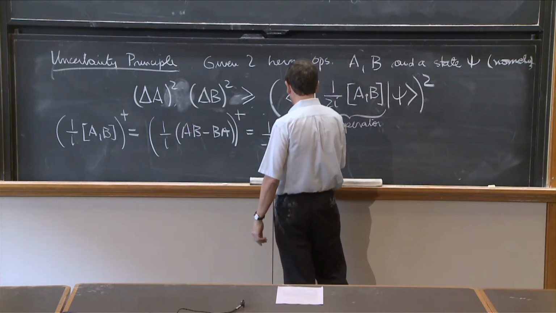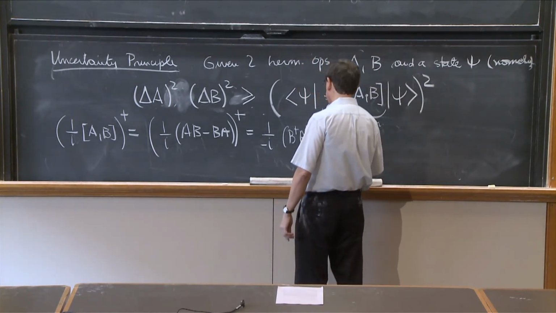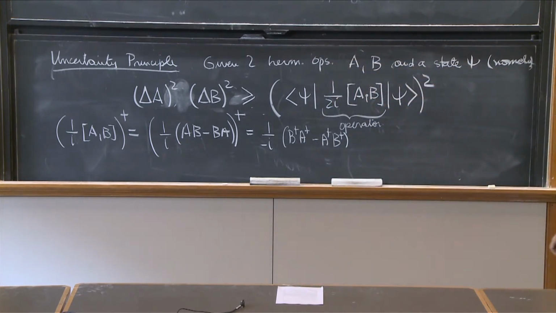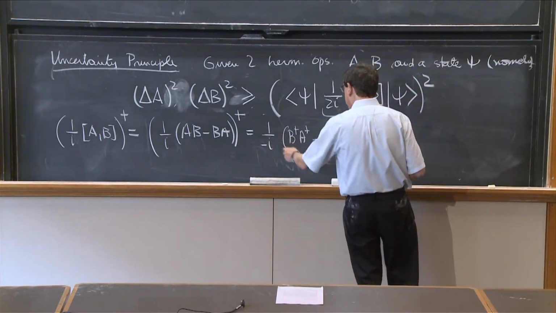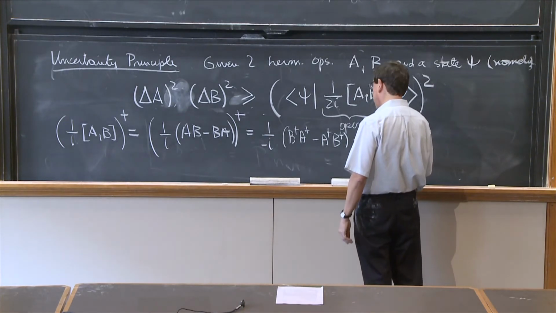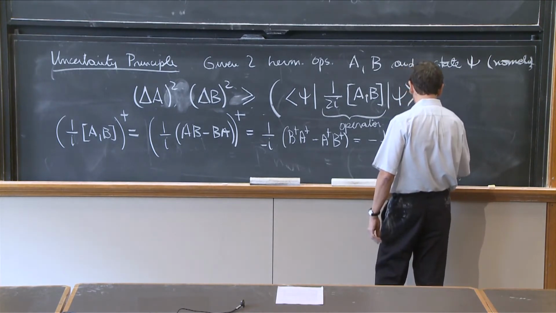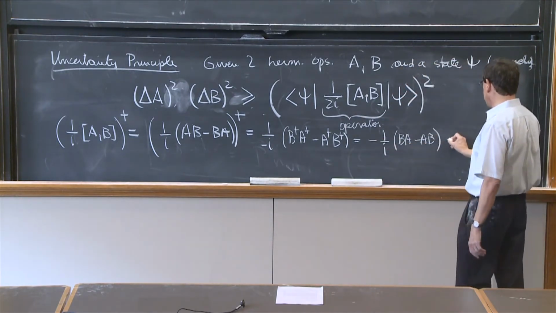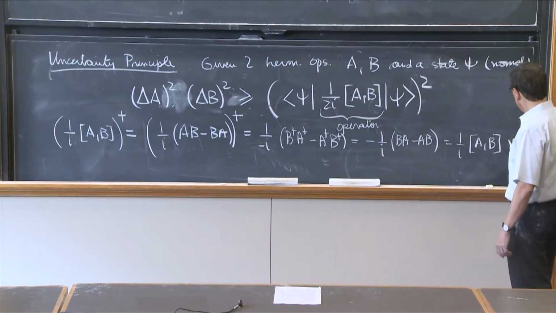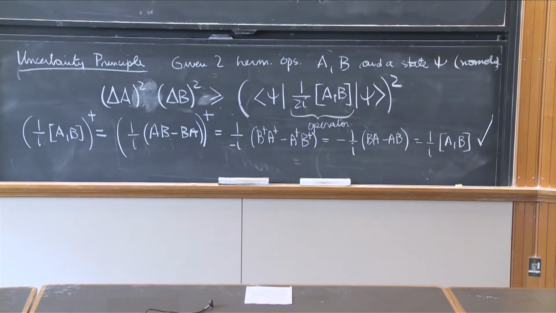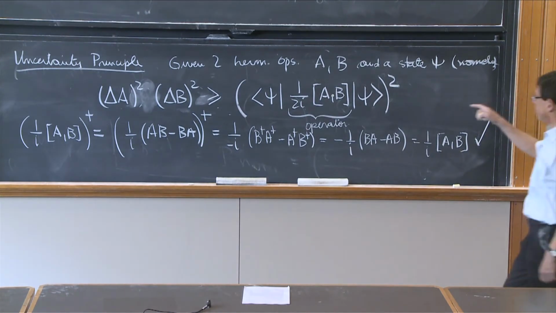So it would be B dagger A dagger minus A dagger B dagger. And of course, these operators are Hermitian, so 1 over minus i is minus 1 over i. And here I get BA minus AB. So with the minus sign, this is 1 over i, AB minus BA again. So the operator is equal to its dagger, its adjoint, and therefore this operator is Hermitian.